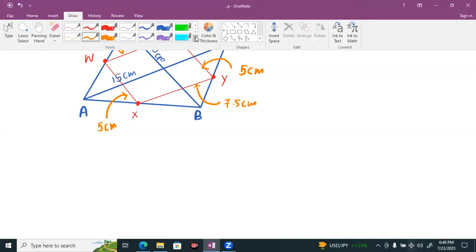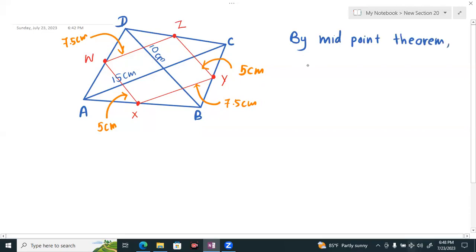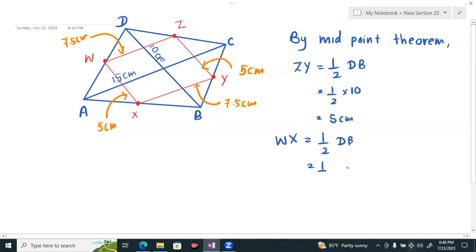Then how do we write this? We can write it by the midpoint theorem. ZY is equal to half of DB, then half of 10, it is 5 centimeters, and WX is equal to half of DB, then half of 10 centimeters, that means 5 centimeters.